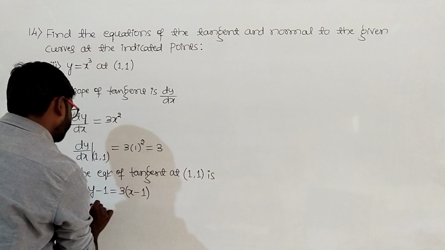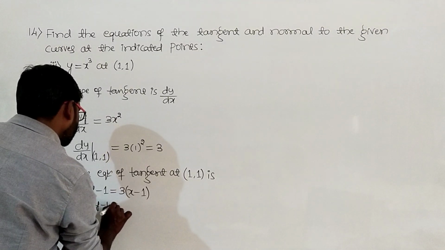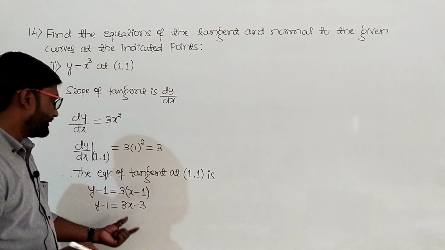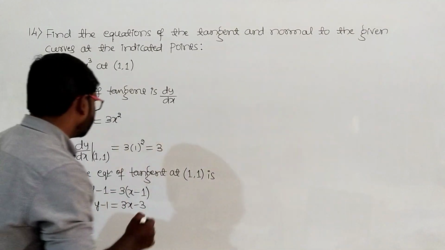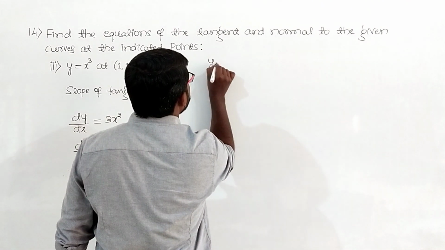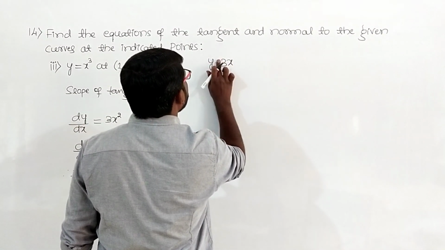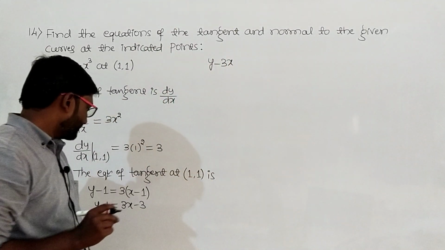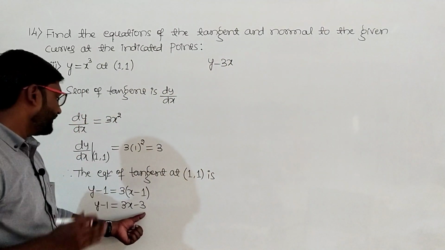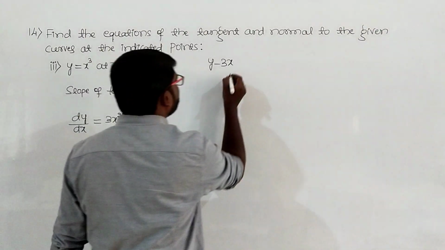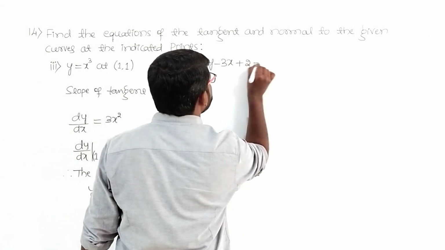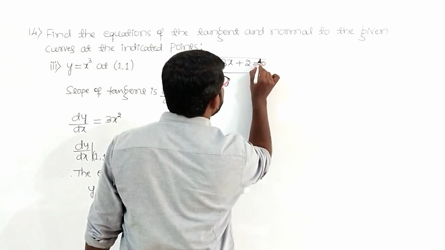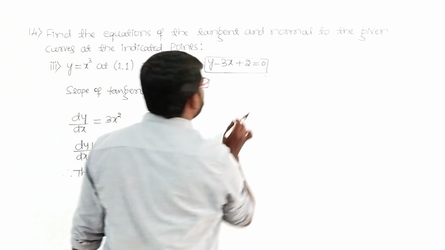So you get y minus 1 equals 3x minus 3. Now in the next step, take these two to the left hand side. You get y minus 3x, and then take minus 3 to the left hand side, it becomes plus 3. 3 minus 1, it is 2. y minus 3x plus 2 equals 0.